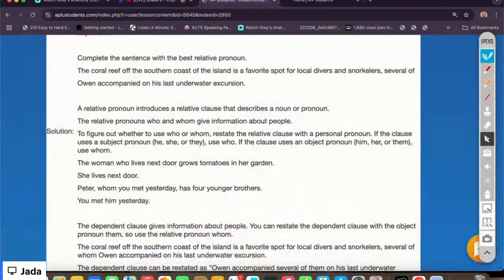All right. So the relative pronouns who and whom give information about people. So when you see whom and who, they give information about people, okay? So to figure out whether to use who or whom, restate the relative clause with a personal pronoun.